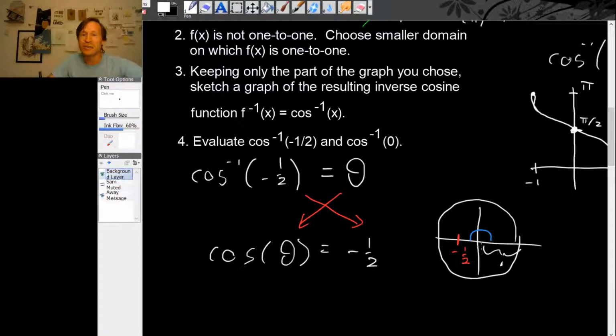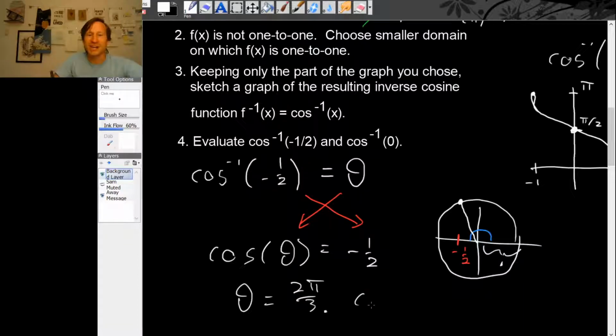So whatever angle we draw that has cosine minus a half, it has to be in this top semicircle here. And looks like it's this angle. Hopefully this diagram will remind you that we actually know an angle whose cosine is minus a half. It's 2 pi over 3.